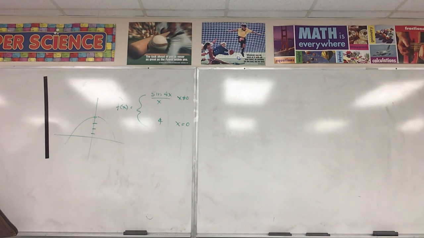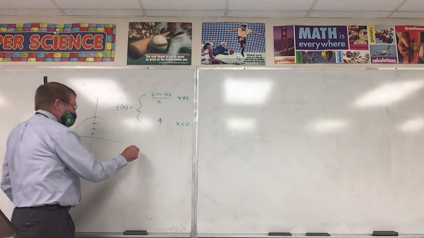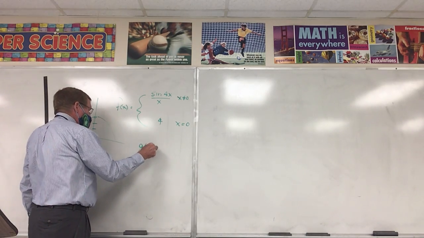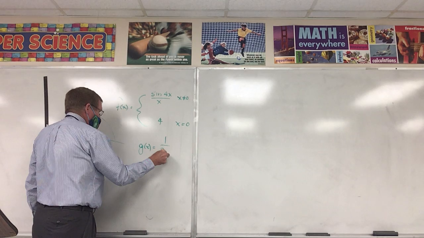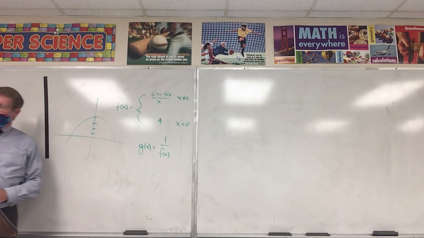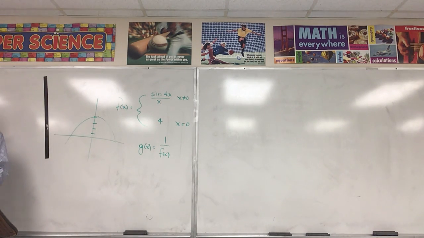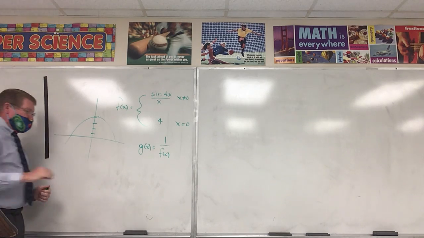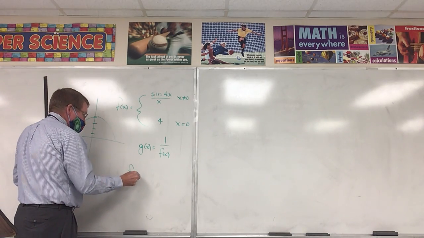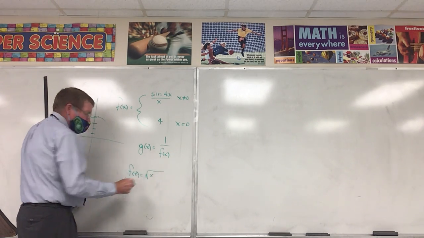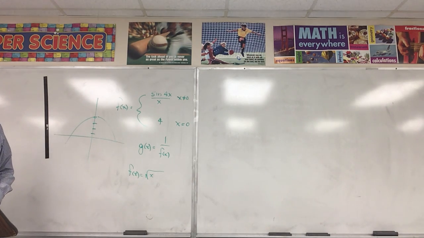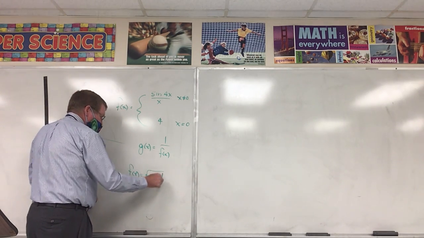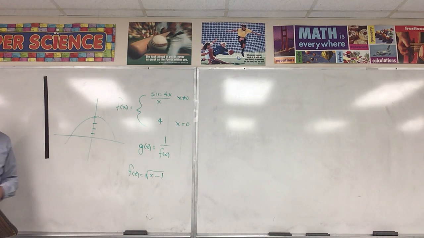Okay, so if we look at this, g of x is really 1 over f of x, if we look at it that way. And f of x equals square root of x minus 1. Well, what do we know about f of x?